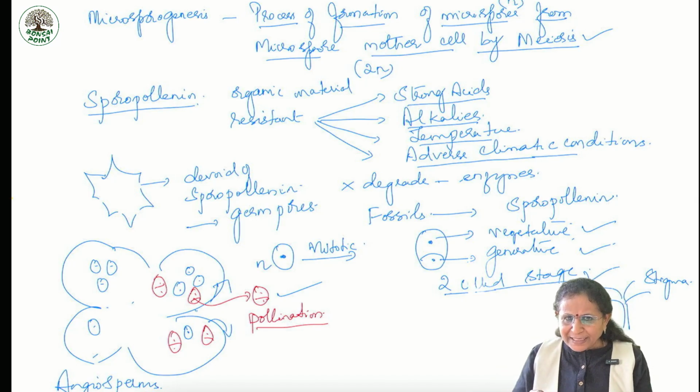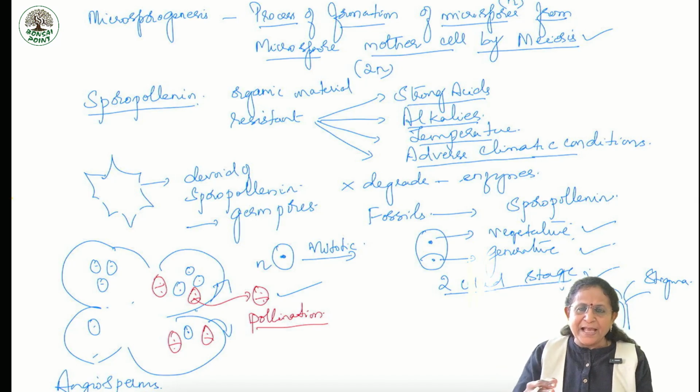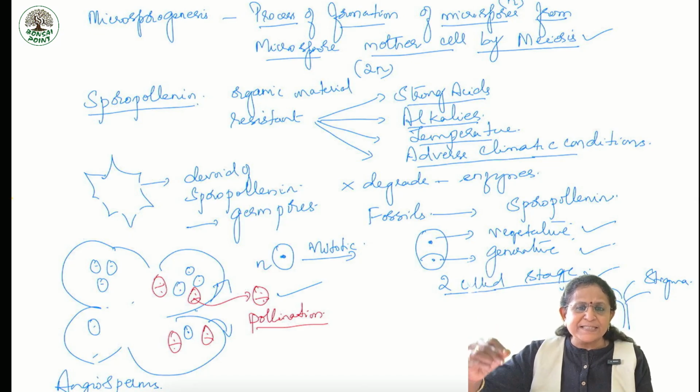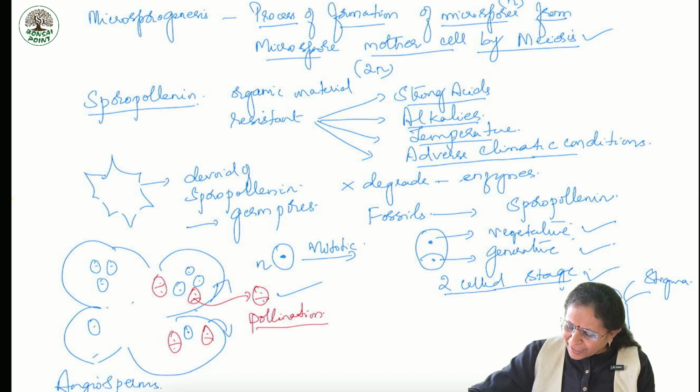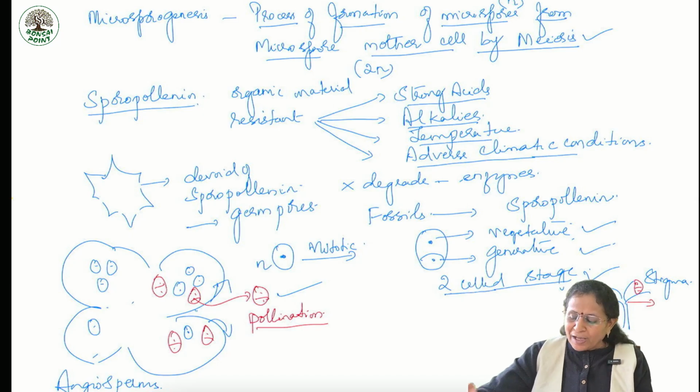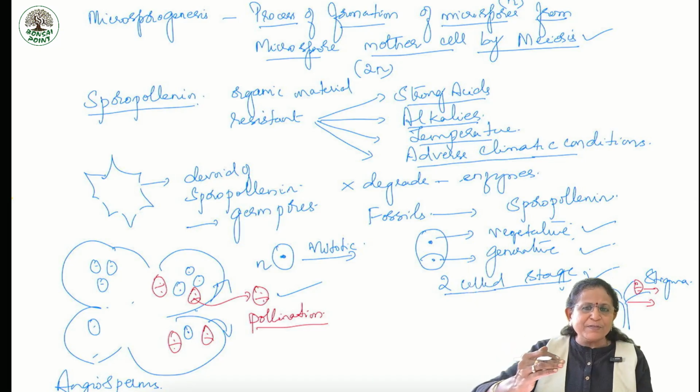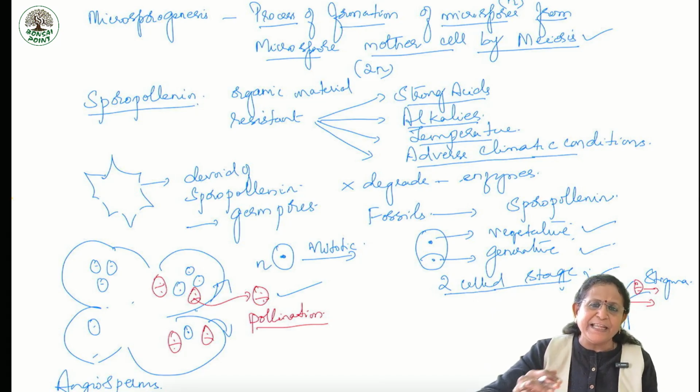Are you understanding? As soon as the pollen grain lands on a receptive compatible stigma, that means the stigma should be of mango. So, this pollen grain should also be of mango. That means they should be of the same species. Then only further development of pollen grain will take place.